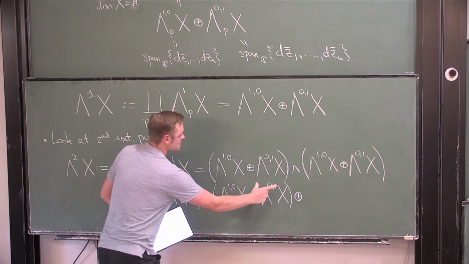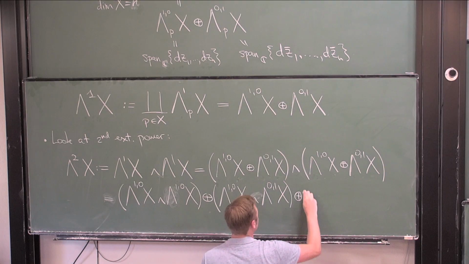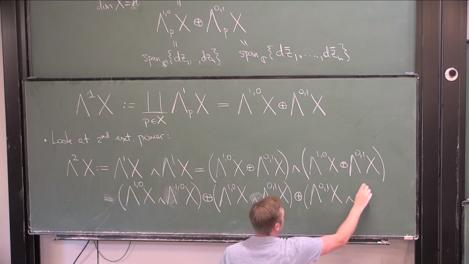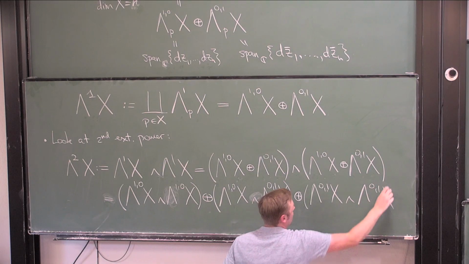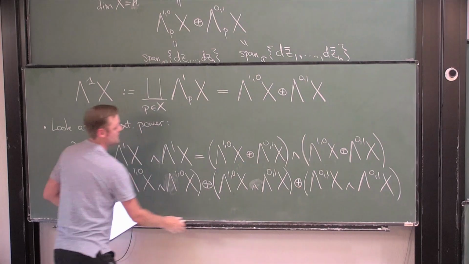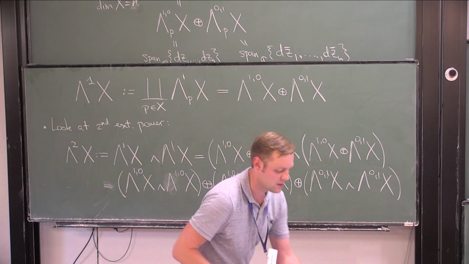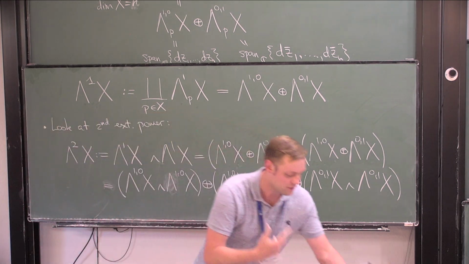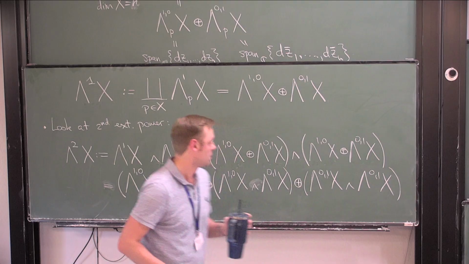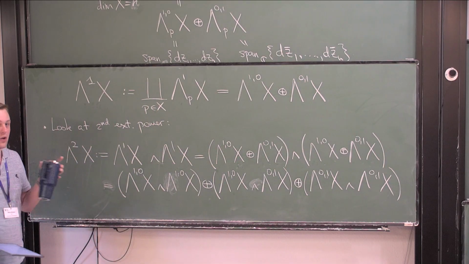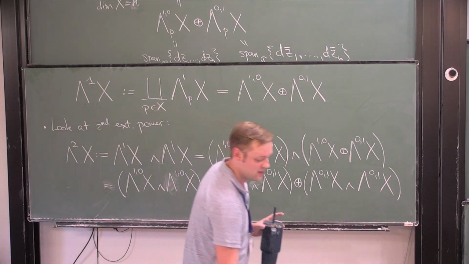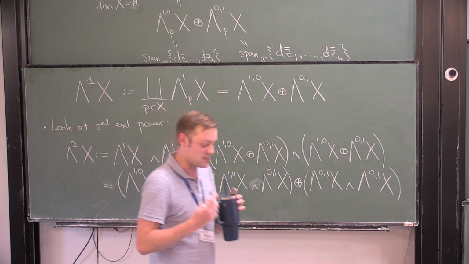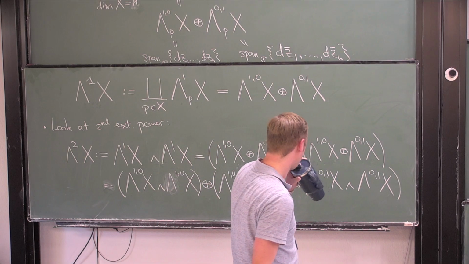The only thing that remains is to wedge this guy with this guy. Obviously, I'm doing this calculation in an extremely hand-wavy way, just to give you a practical sense of how these calculations go. But everything I've done is mathematically solid. I just didn't explain it mathematically.